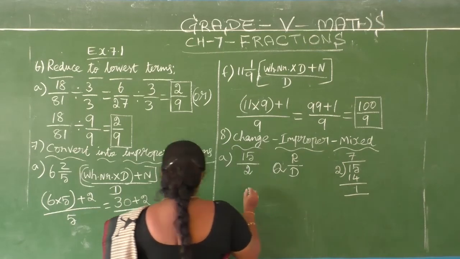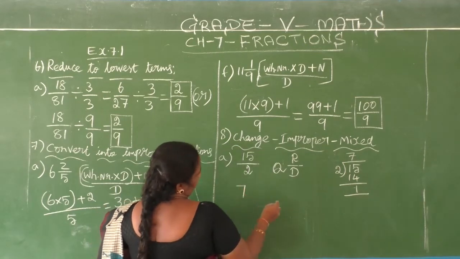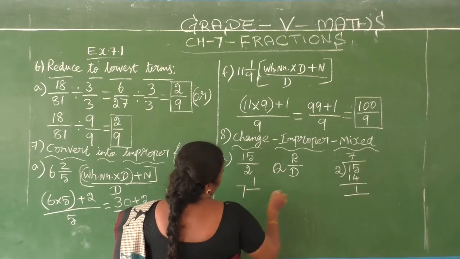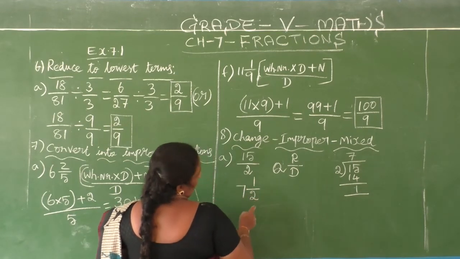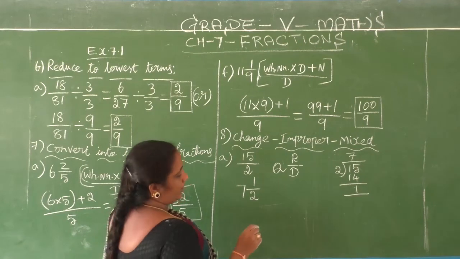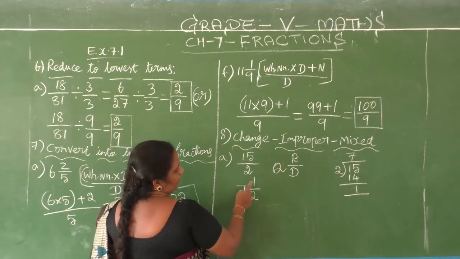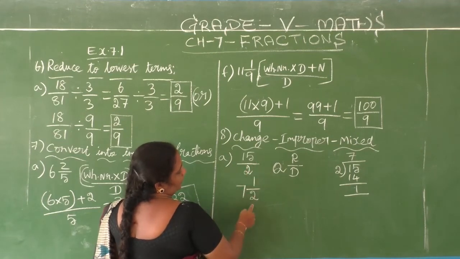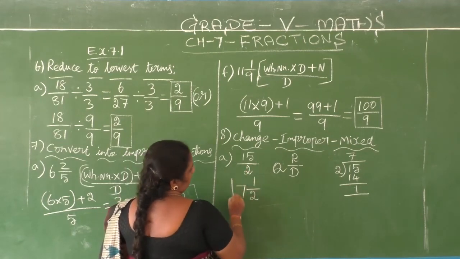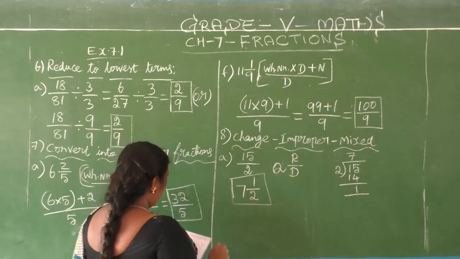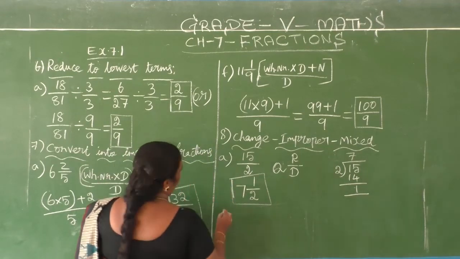What is the quotient? The quotient is 7. The remainder is 1, by divisor 2. Now you check whether your answer is correct or not. Listen, 2 7s are 14 plus 1, 15. So 15 by 2. So our answer is correct. Okay, ma'am? Do you understand now? Right. Then next, B.